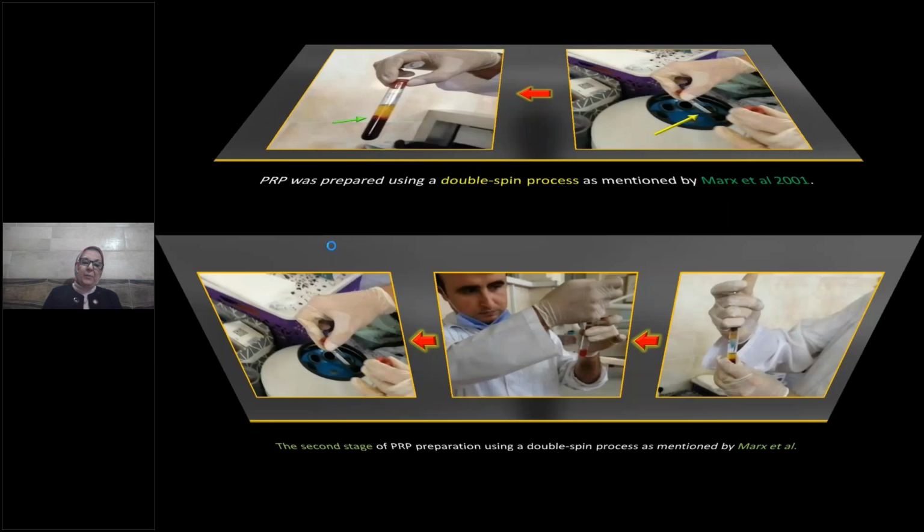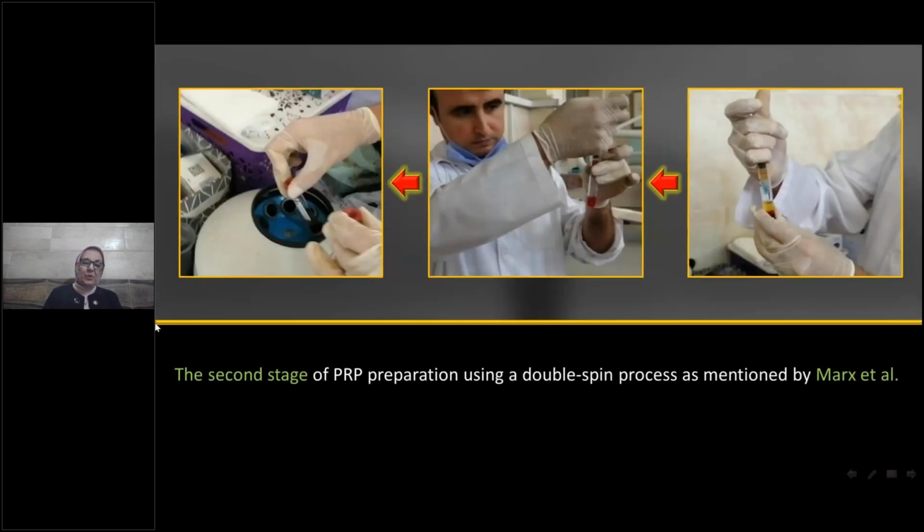The second stage of PRP preparation uses a double spin process, as mentioned by Marx. The first time we add anticoagulant, the second time we don't add anticoagulants, and then centrifugation about 8 minutes at 3,000 rounds per minute.